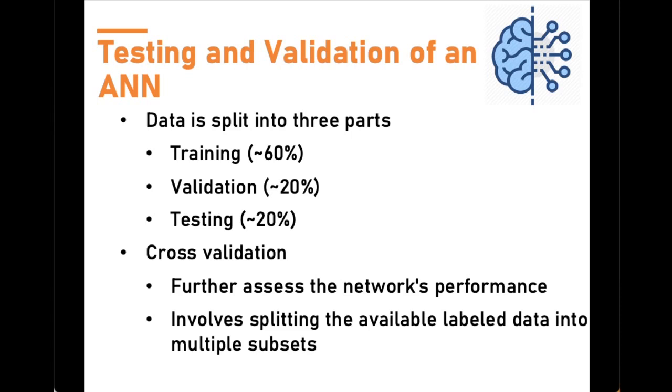In addition to traditional test sets, it is also common to use cross-validation techniques such as k-fold cross-validation to further assess the network's performance. These techniques involve splitting the available labeled data into multiple subsets for training and testing the network iteratively.